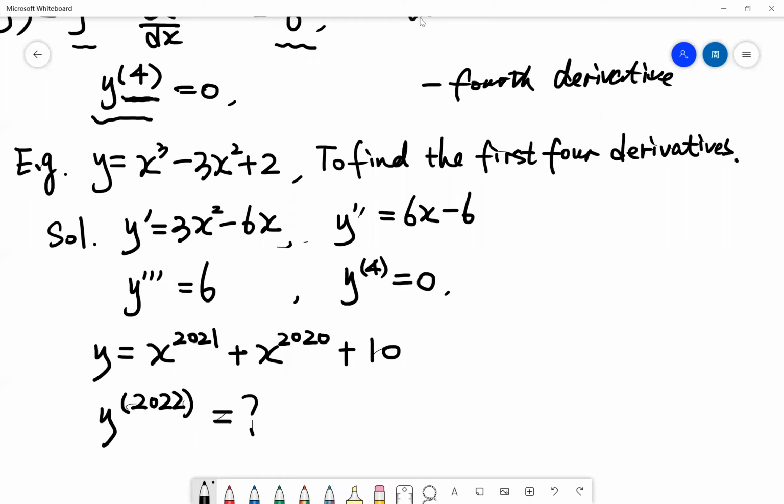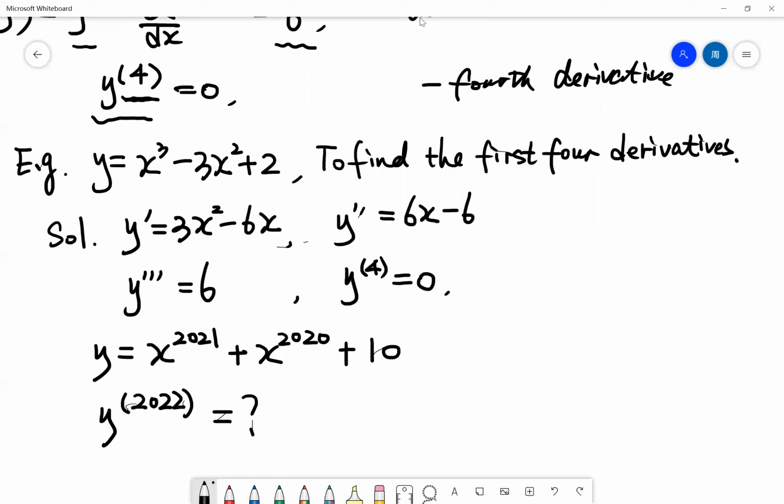Yeah. So here you will find minus 2020 plus 2020 minus x. Of course, you cannot calculate again and again and again, right?